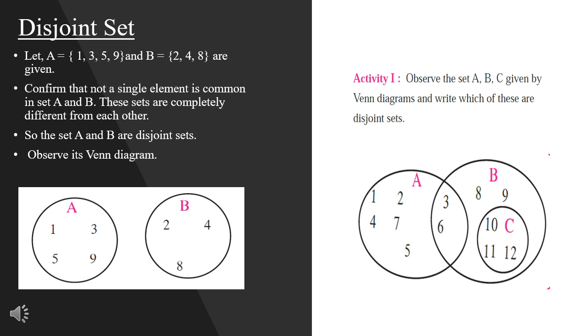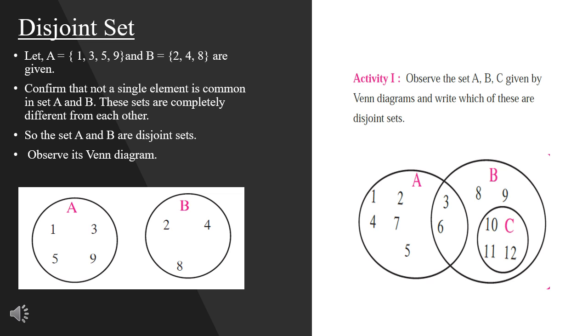Now let us learn what is the meaning of a disjoint set. The word disjoint itself tells us that there is no connection. There is no joint. So disjoint. So let us take set A and set B as the example. Set A has elements 1, 3, 5, 9 and set B has elements 2, 4, 8.